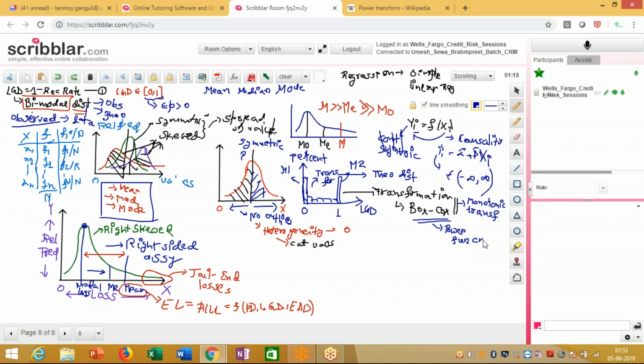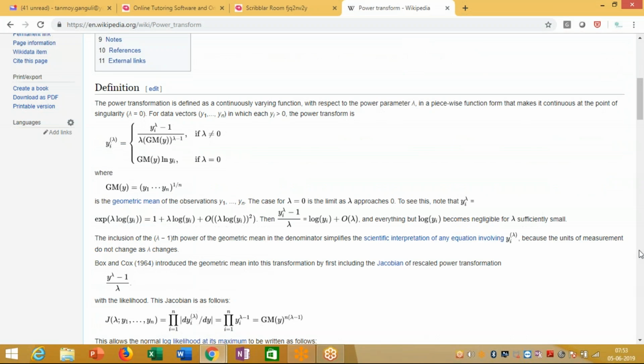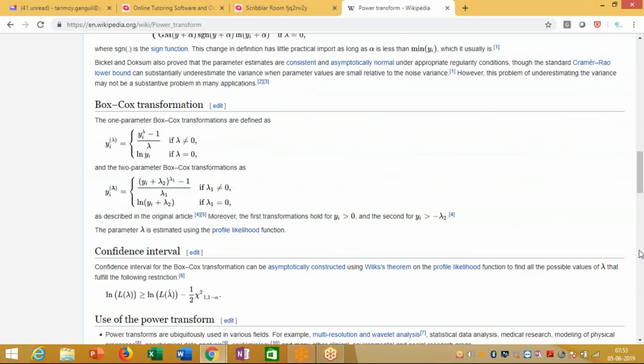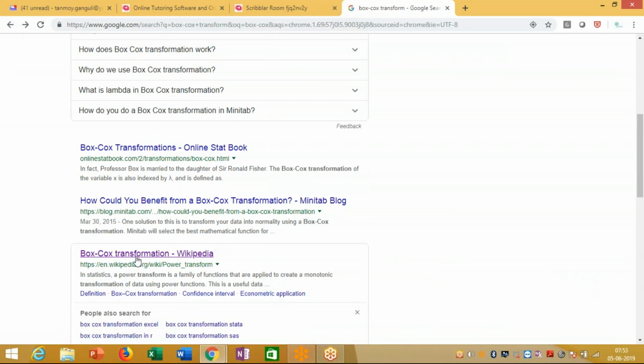You can actually read about the Box-Cox transformation and power transformations on Wikipedia itself.